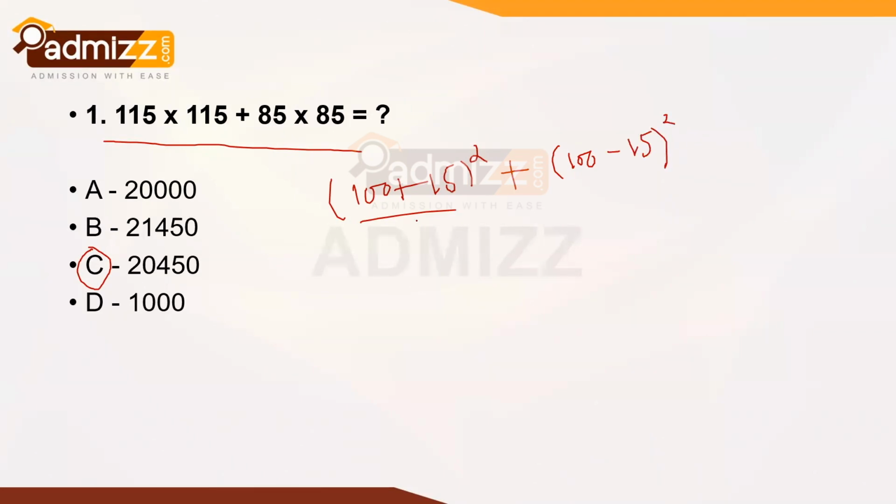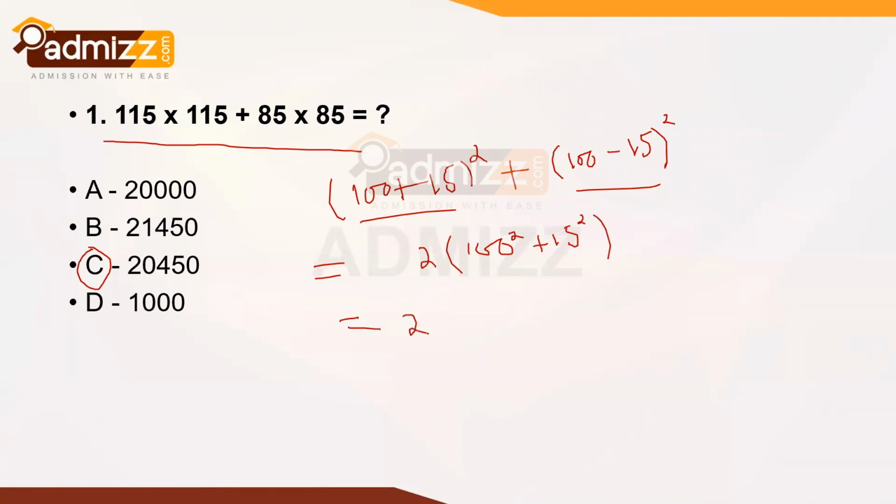And we know this is in the form of a plus b whole squared, and this is in the form of a minus b whole squared, right? And so the sum of these two is going to be equal to 2 bracket 100 squared plus 15 squared, right?